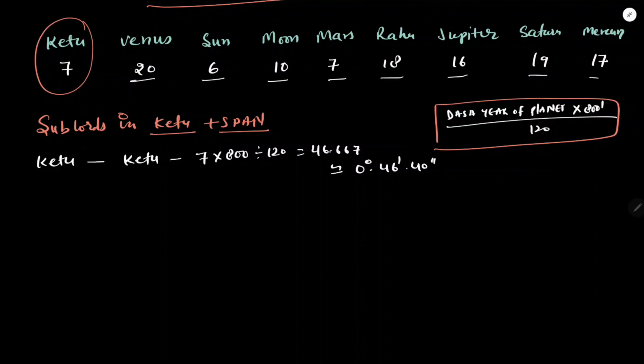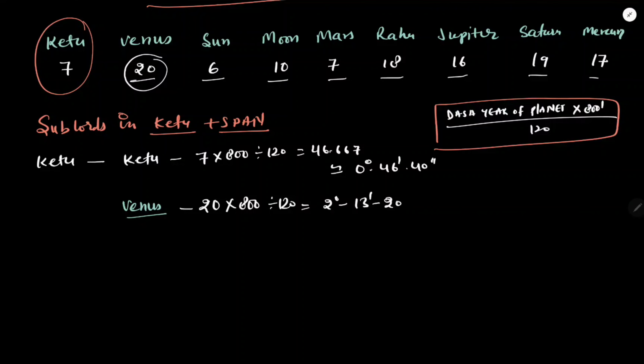Then after Ketu, we will have Venus, whose dasha is 20 years. So we multiply 20 by 800, divide by 120, and we get 2 degrees, 13 minutes and 20 seconds for Venus.